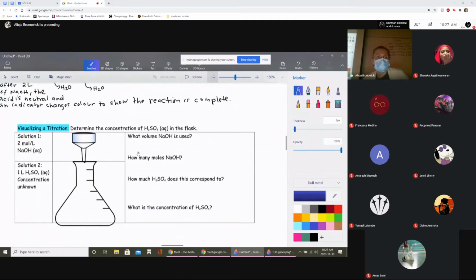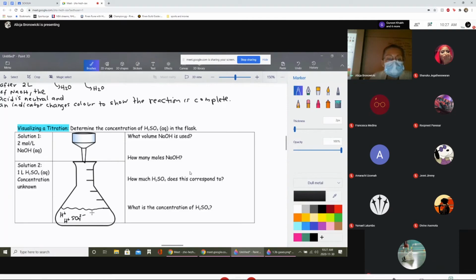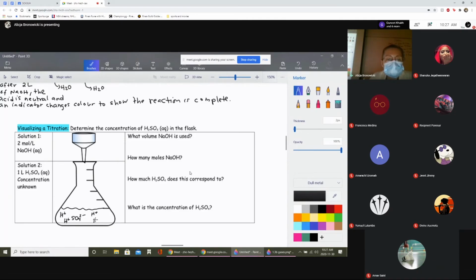So I've got sulfuric acid. I've got a liter of sulfuric acid. So here's my liter of sulfuric acid. I've got H plus, SO4 2 minus, H plus, and again, I'm arbitrarily picking this.